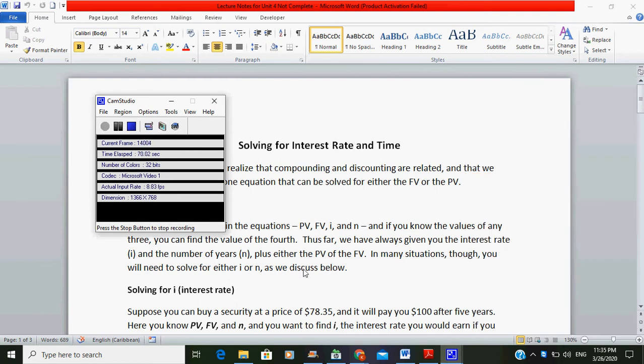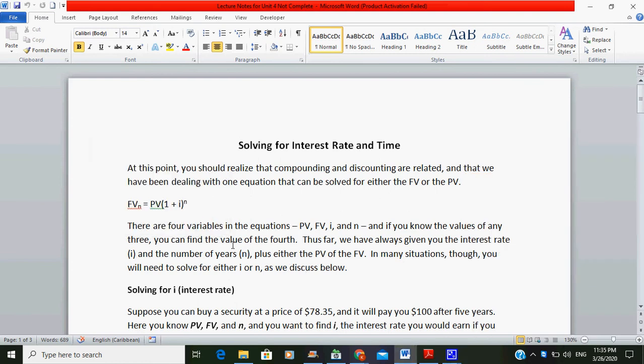As I said before, there are four variables in the equation: present value, future value, I is interest rate, and n, years. If you know the values of any three, find the value of the fourth.